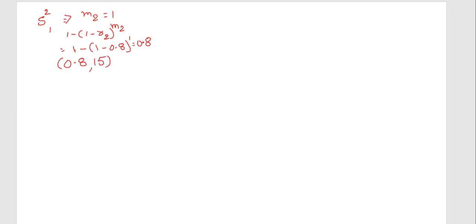Now, what is the answer? The answer is not at all completed. Remember, stage 2 with 1 copy. How are we getting it? You have to multiply this pair with the previous one. That means stage 1: 0.9 comma 30, 0.99 comma 60.